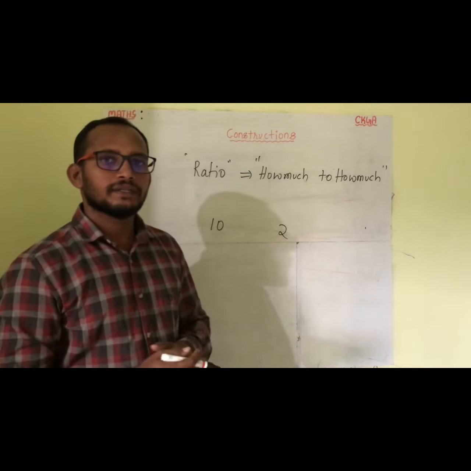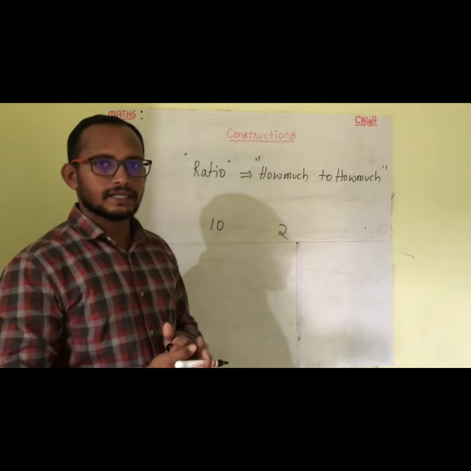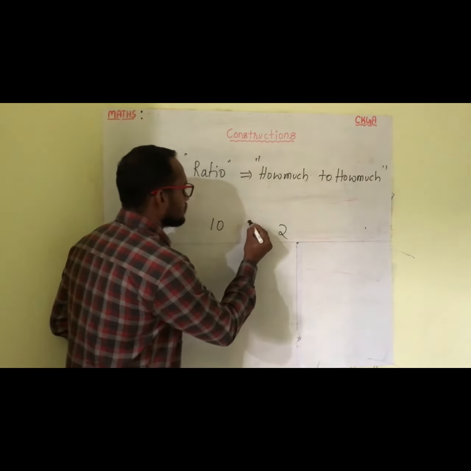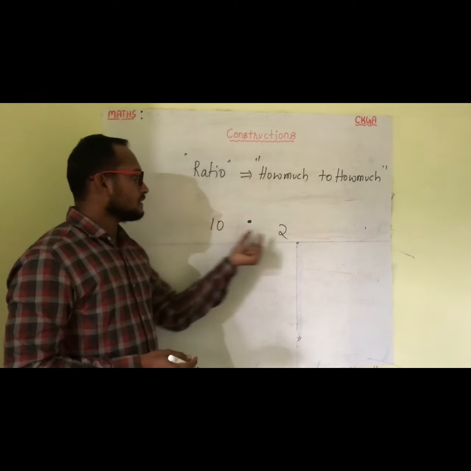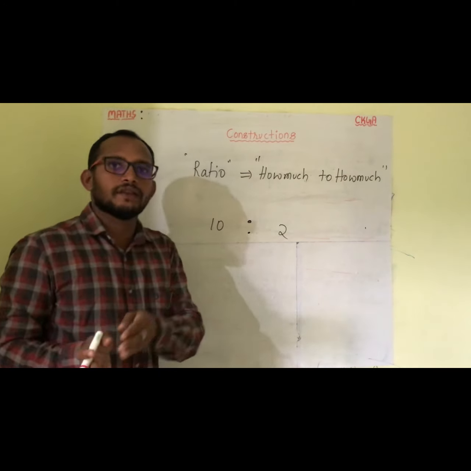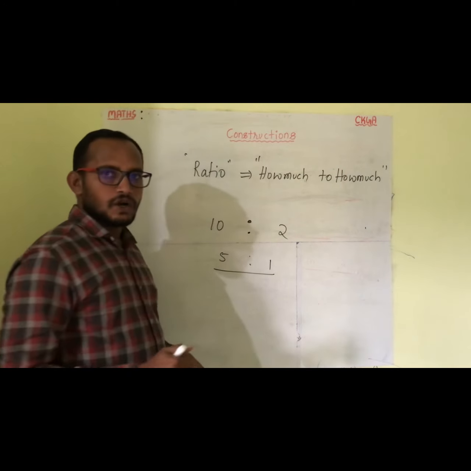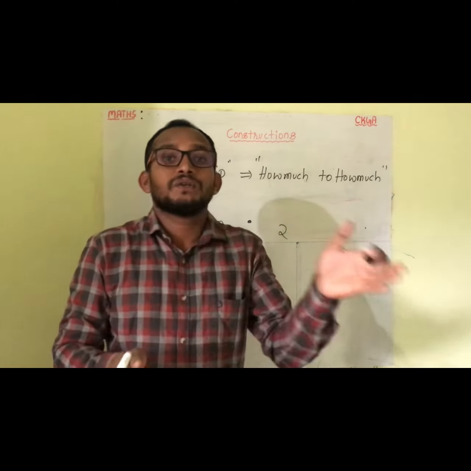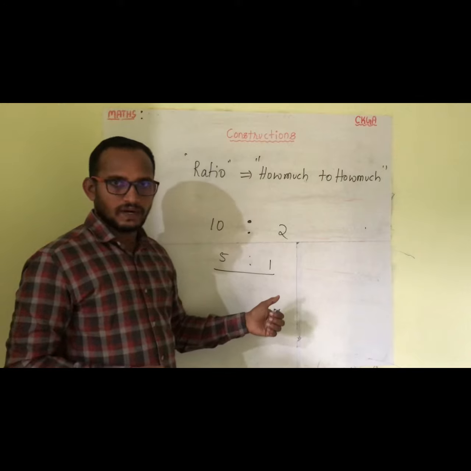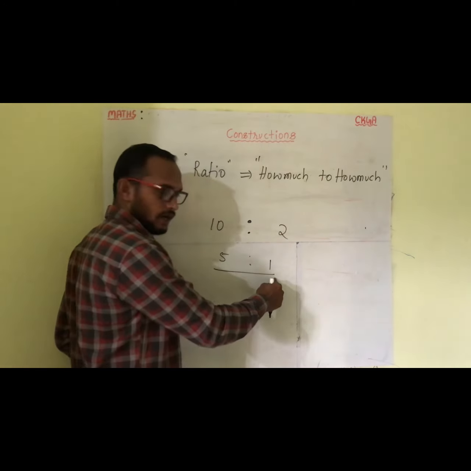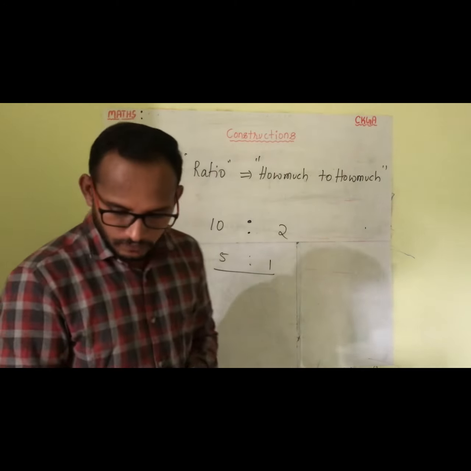How do you compare them mathematically? I'll use the words "is to": the ratio will be 10 is to 2. Further, if you simplify it, both numbers are multiples of 2, so the ratio of chocolates of kid 1 to kid 2 will be 5 is to 1. See, how much to how much. That's the ratio.